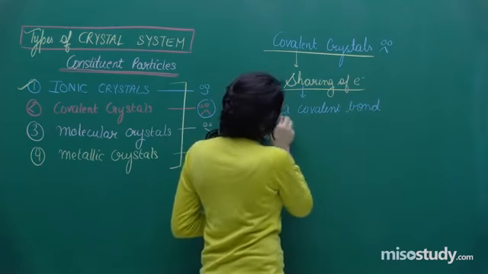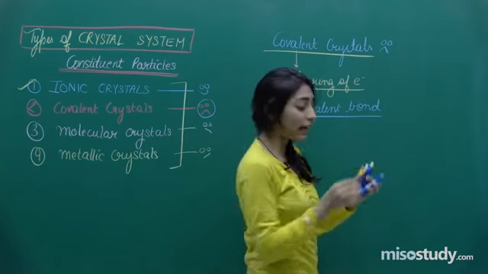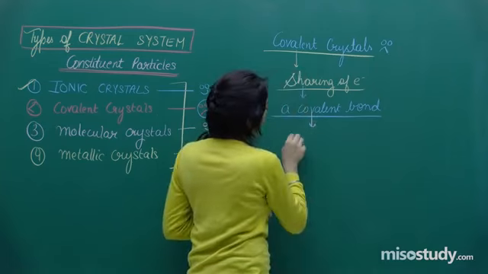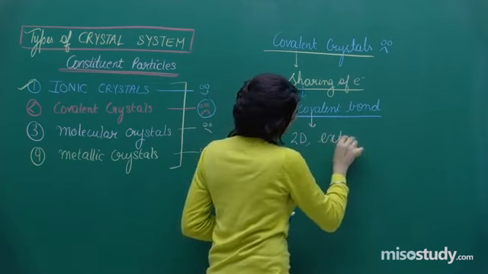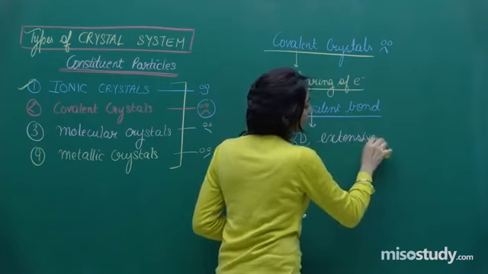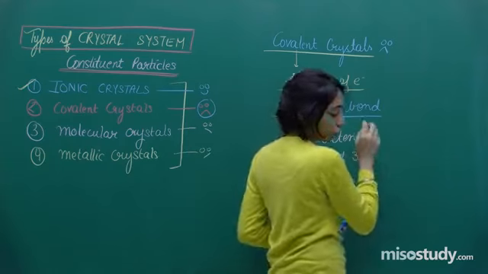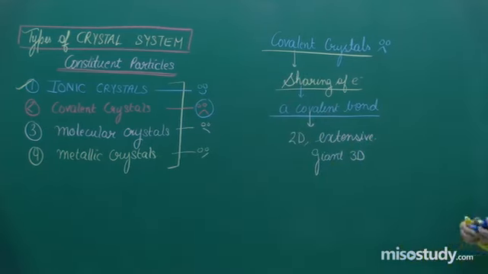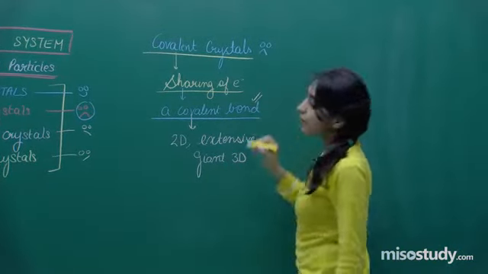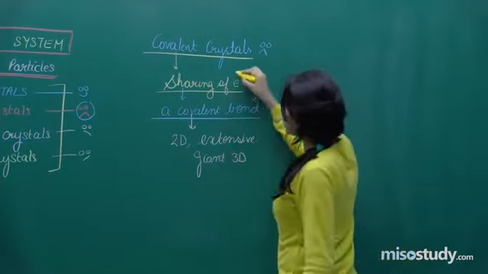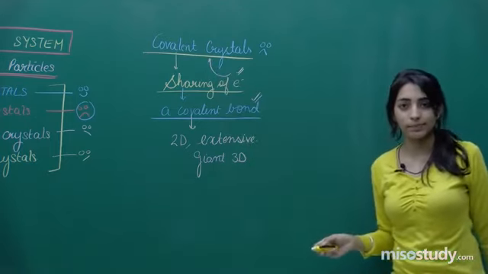And because of the formation of covalent bonds, not one covalent bond, there will be so many covalent bonds that can be formed. There can be an extensive two-dimensional or an extensive giant three-dimensional structure. So the extensive giant three-dimensional structure, because of the covalent bonds being formed by sharing of electrons, is considered to form a covalent crystal.